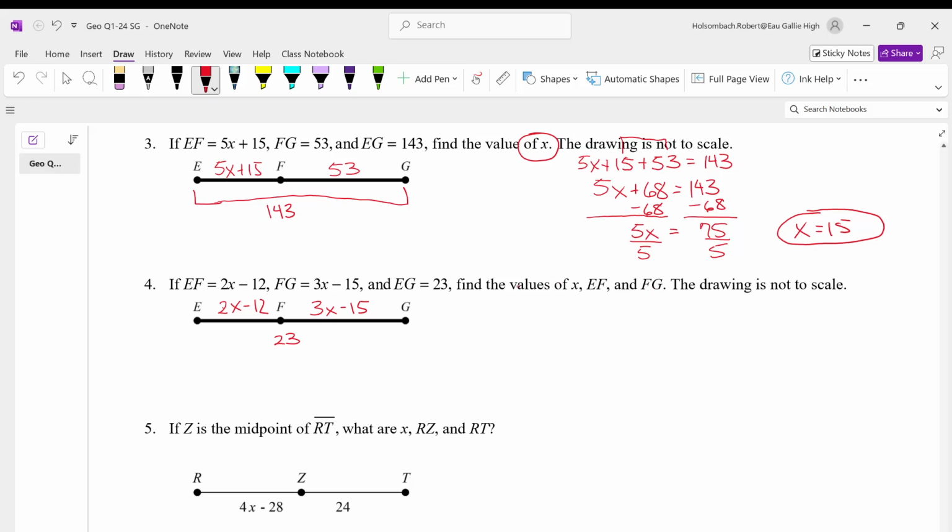So the first thing we're going to do is solve for x. So the sum of the two smaller pieces. So 2x plus 3x is 5x. Negative 12 minus 15 is negative 27. I've added those two pieces together and got 5x minus 27. And that's equal to 23.